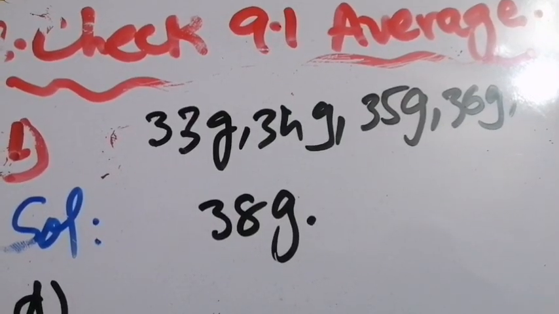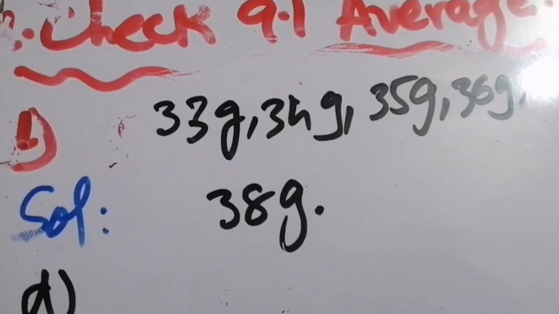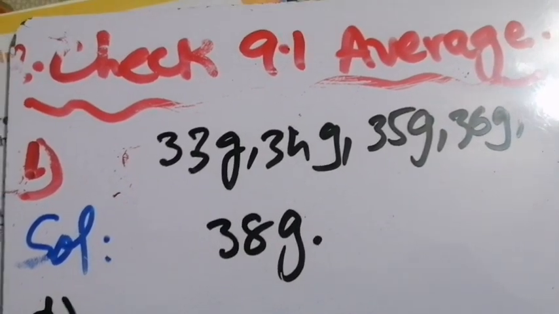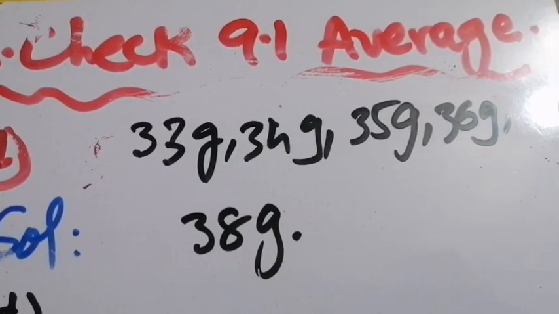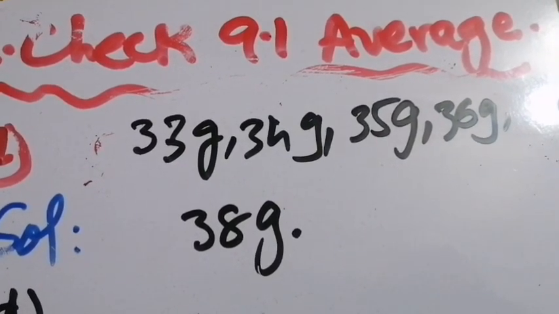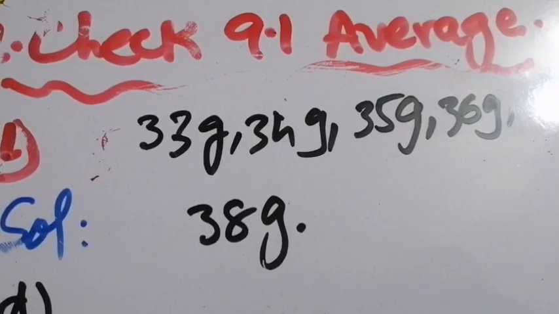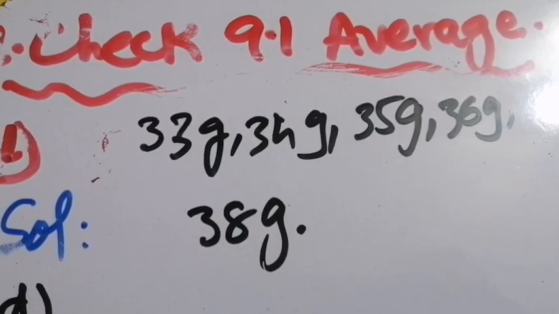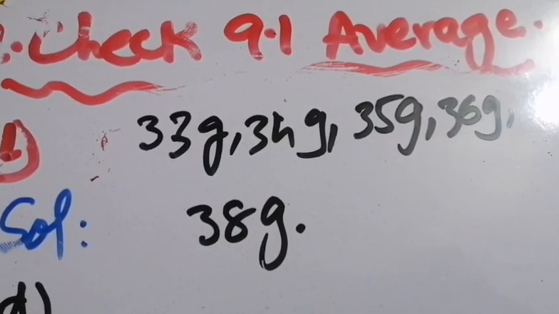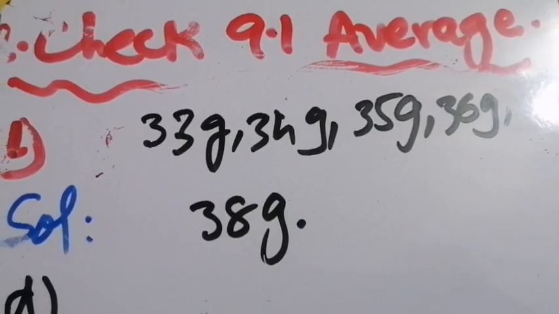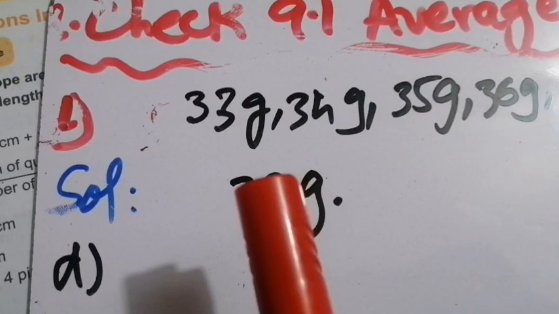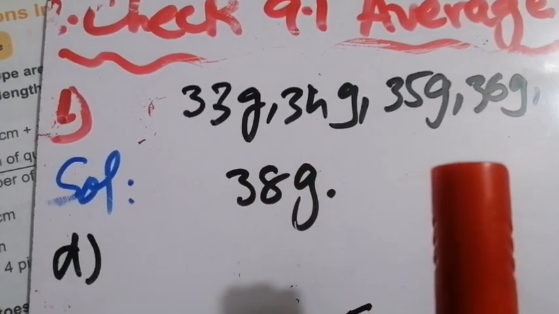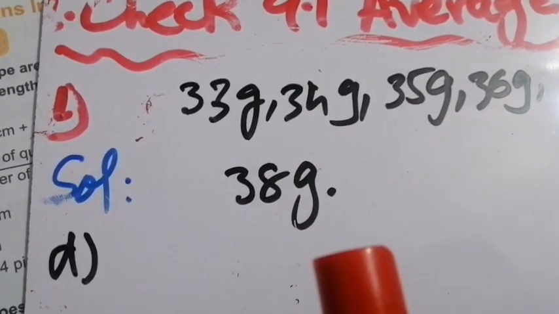Now we will find out part D. It says the values are 36 gram, 34 gram, 39 gram, 36 gram, and 38 grams. We have to find the sum of all these quantities, and find out how many quantities there are: 1, 2, 3, 4, and 5.